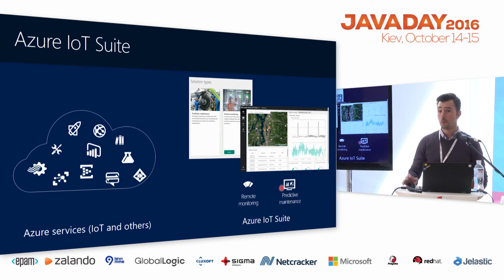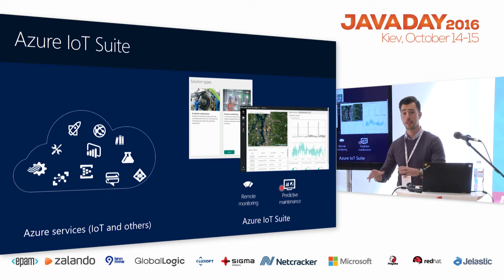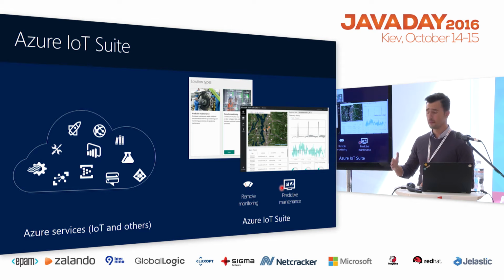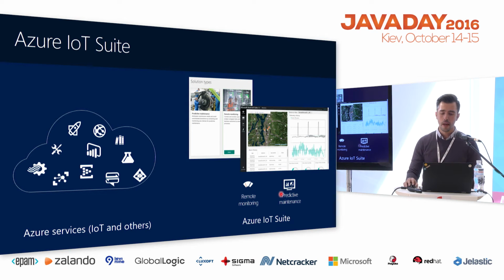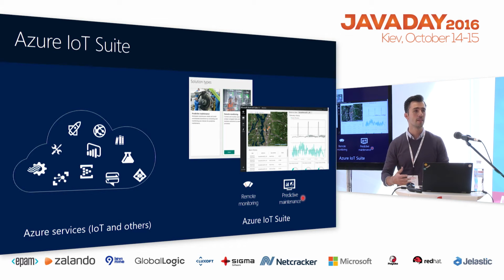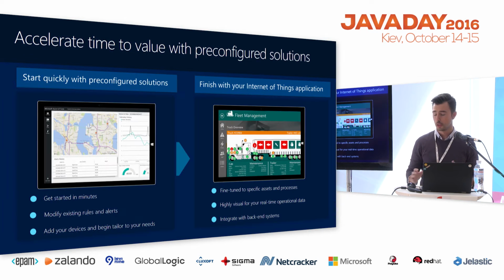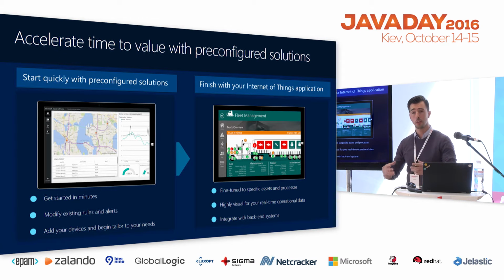The first one is for remote monitoring, like overviewing the situation and what's happening with the data from, let's say, some factory or some sensors. And the other is predictive maintenance. For example, if you have jet engines that are working a lot, you want to see what the status is and whether they need maintenance soon, so you can schedule maintenance and do something about it. So these are two pre-built solutions that you can take and start using and start connecting your devices.